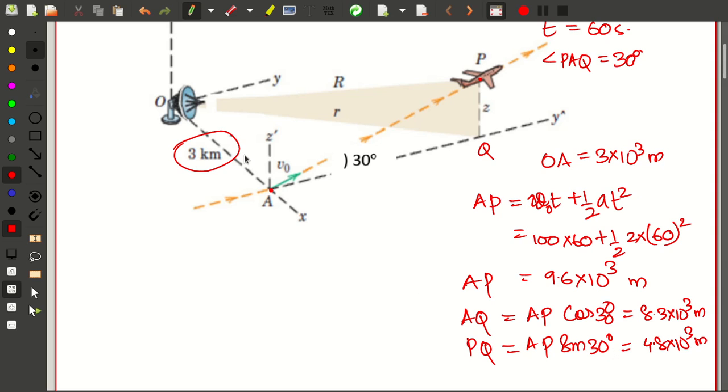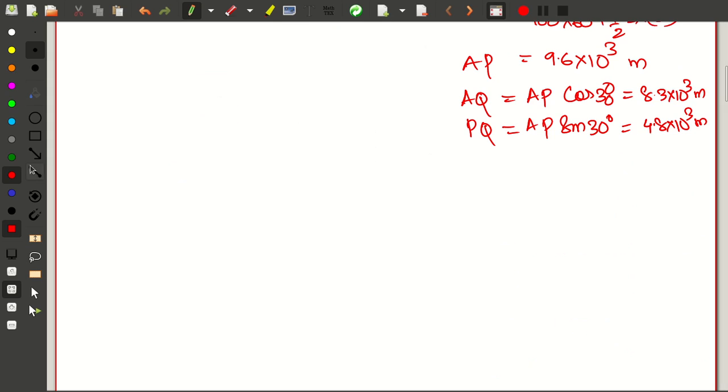So we have everything we require to calculate the Cartesian coordinates. How will you find them out? We have to find them with respect to O, the radar. So let's draw the Cartesian coordinate system here with respect to the radar.